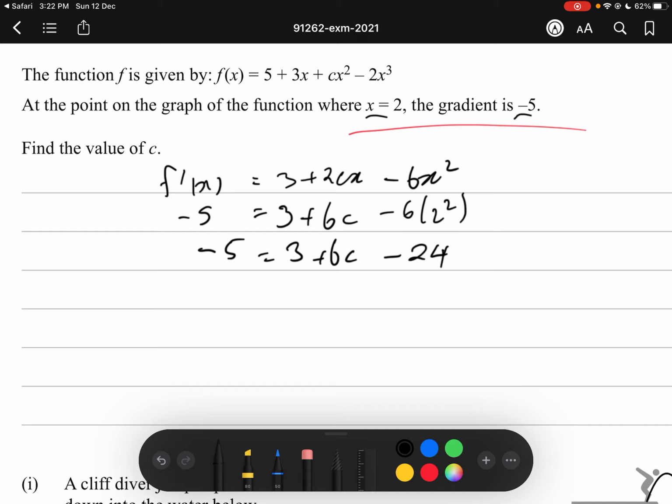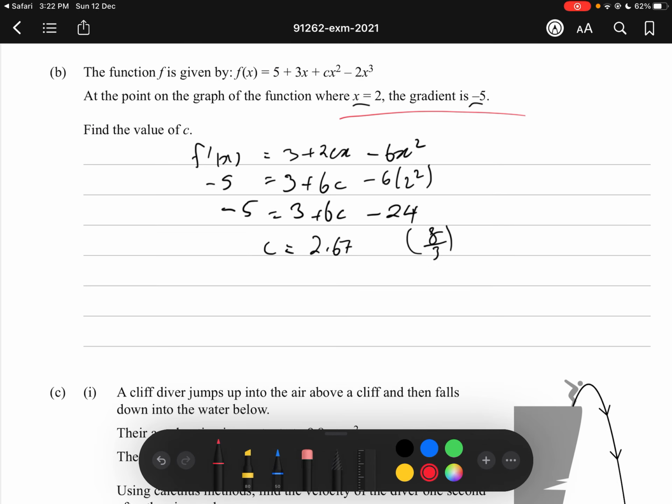So that should give us a c value of 2.67, which is also 8/3. And that should be our answer, and this should just be a simple achieved level question.